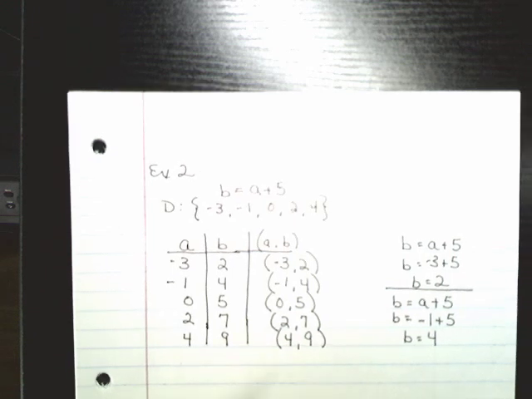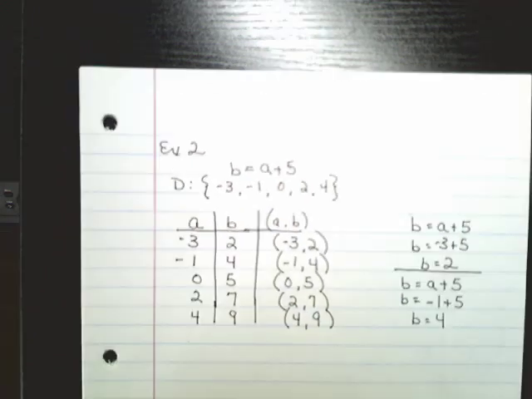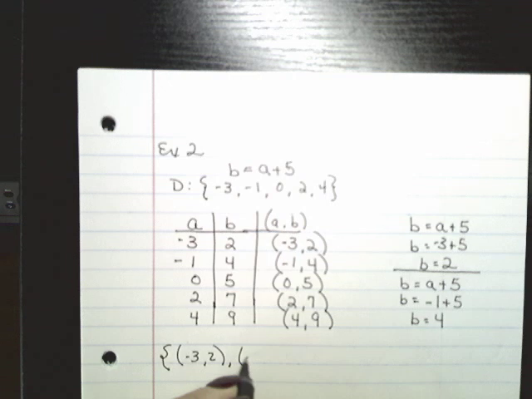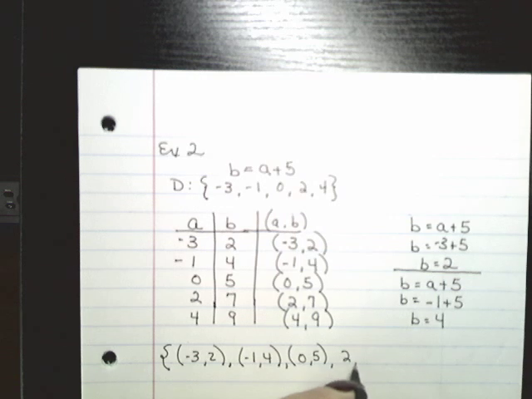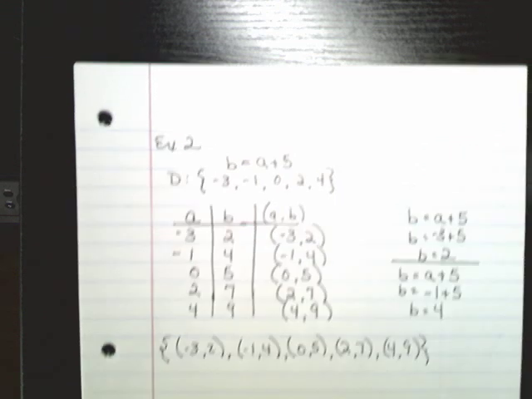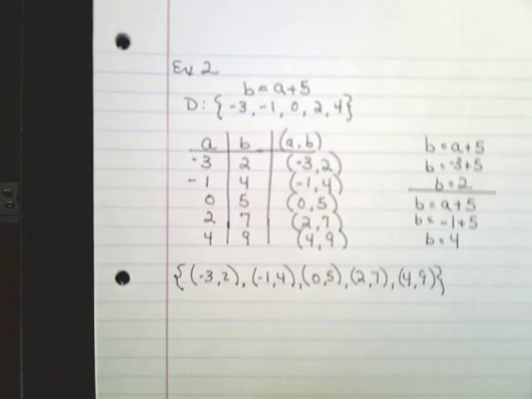So those are going to be the solution set, and you would write them out as a solution set. So it would be (-3, 2), (-1, 4), (0, 5), (2, 7), and (4, 9). That would be the solution set for that equation.